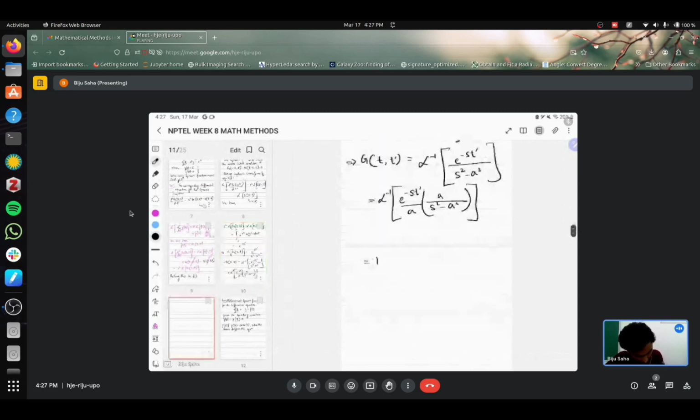So basically I have... I know this particular term is actually the Laplace transform of sinh(at).